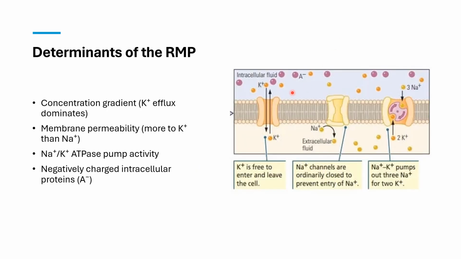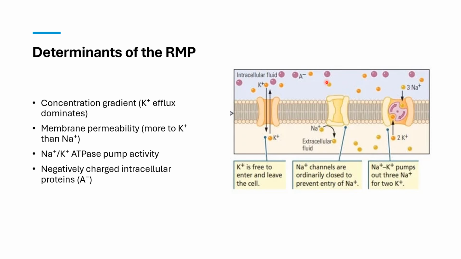The resting membrane potential is the result of a balanced set of physiological determinants. Let's look at each one properly. The first is concentration gradient. Potassium ions are far more concentrated inside the cell than outside.